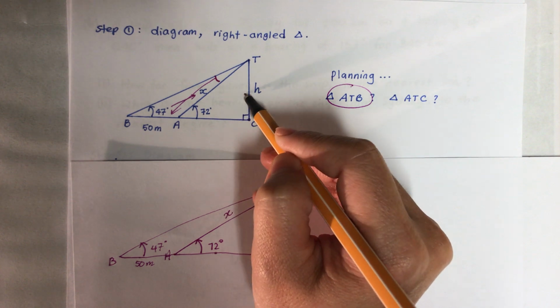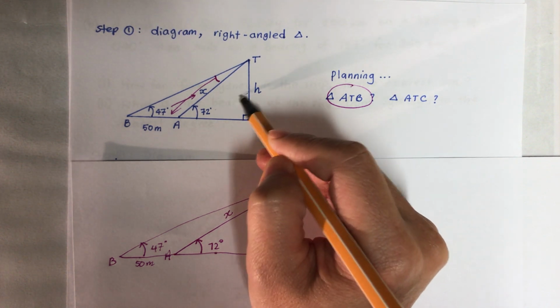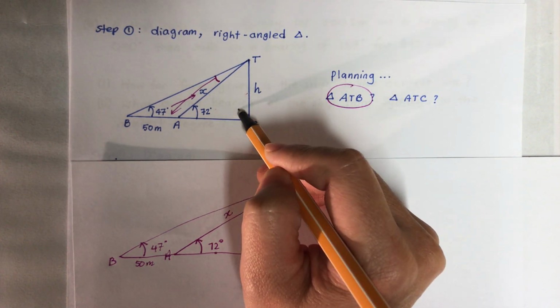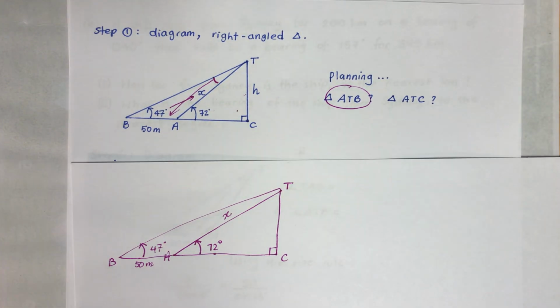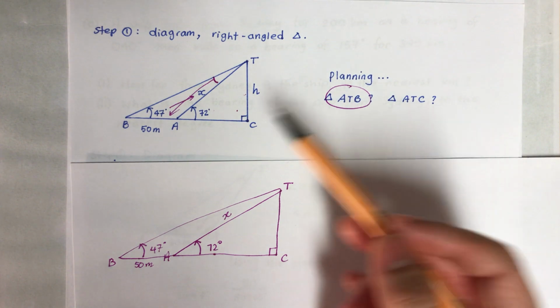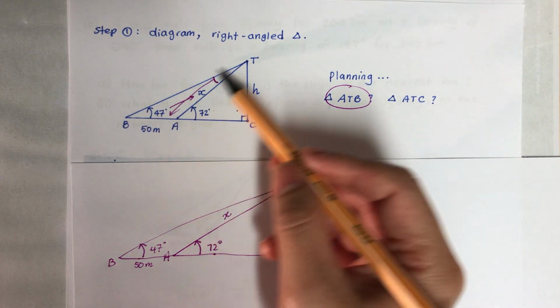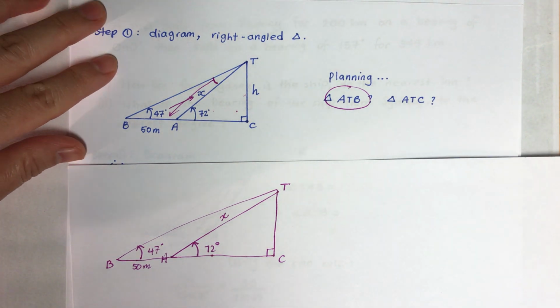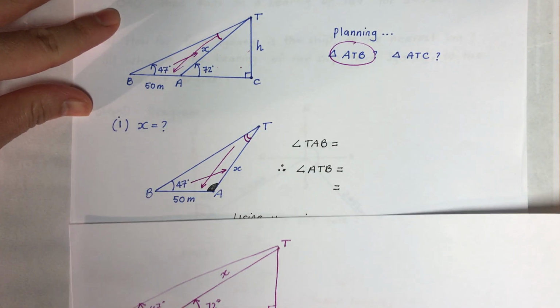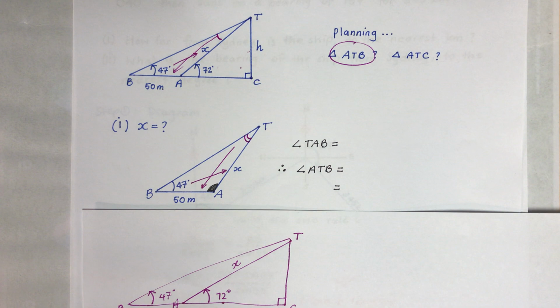Well, this one I can't really use. That's okay, but then I've got 2 unknown sides. It's a bit useless. So I'm going to choose triangle ATB, which is this side, and I already matched up with angle and the side. So here it is.